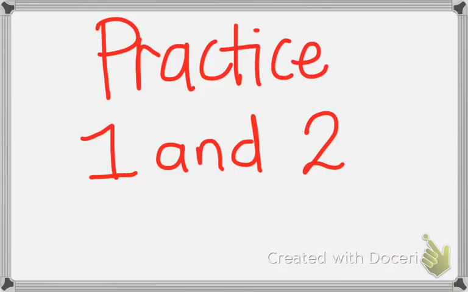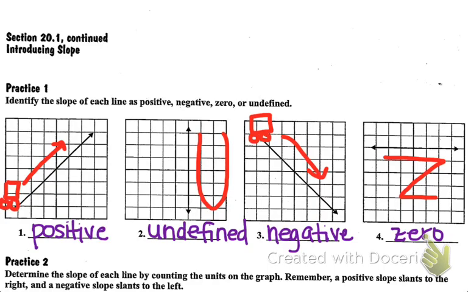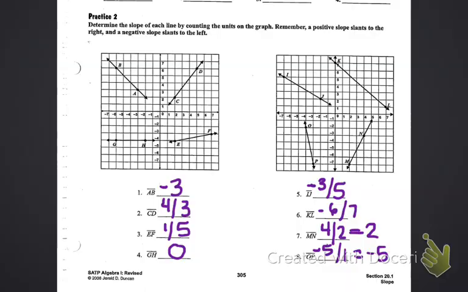Complete practice 1 and 2. If you need to, you can go back on the video for extra help. Here are the answers for practice 1. Here are your answers for practice 2.